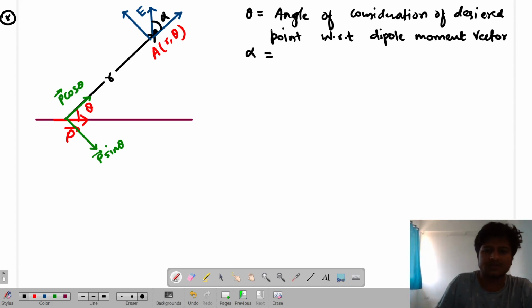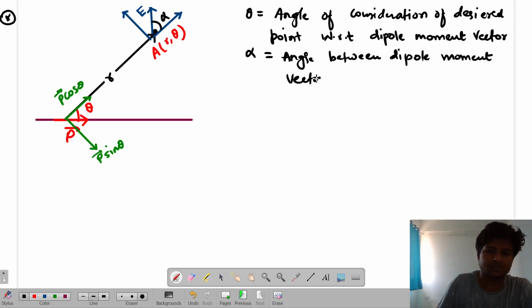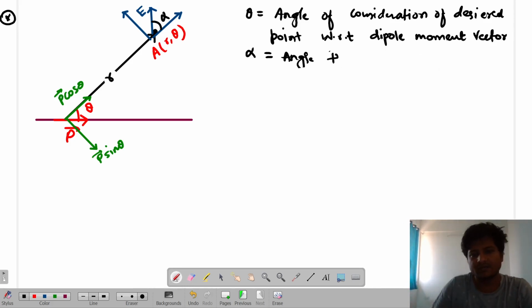While alpha is the angle between the line of consideration and the resultant electric field.